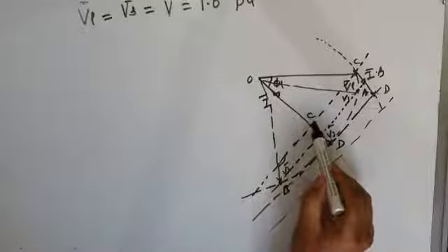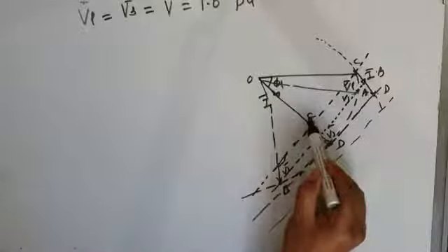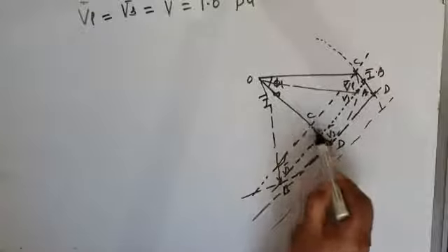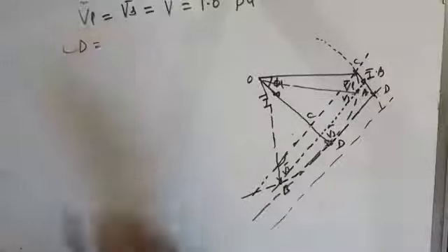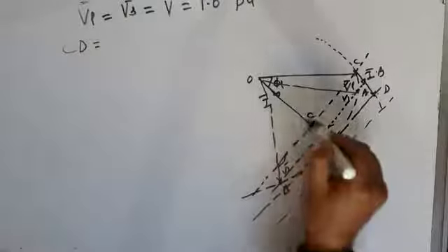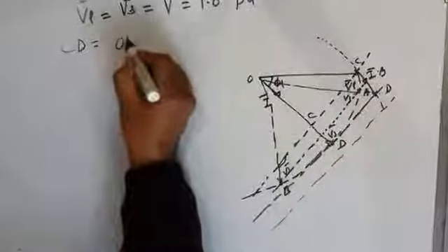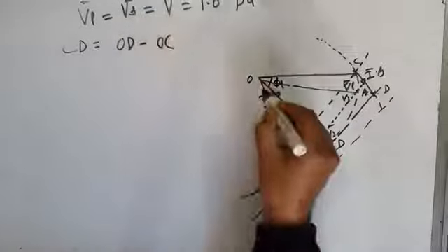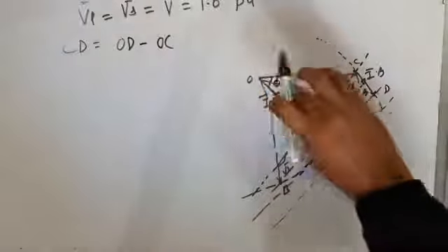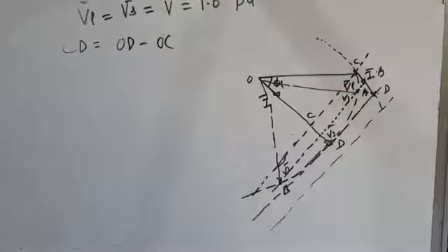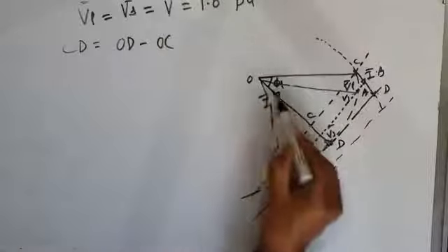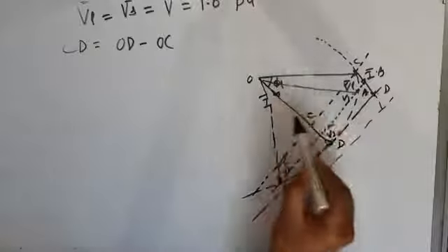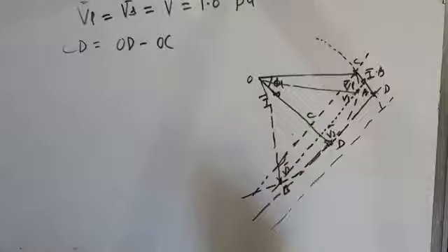Now, if you want to find CD, the length of phasor CD, what is this CD equal to? You can see this CD is equal to OD minus OC. From the total OD, subtract OC, and you will get CD. So what is OC? Look, this is your right angle triangle. This is the base, this is the perpendicular, and this is the hypotenuse.